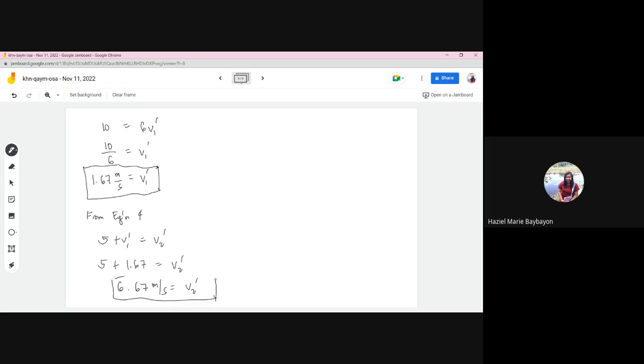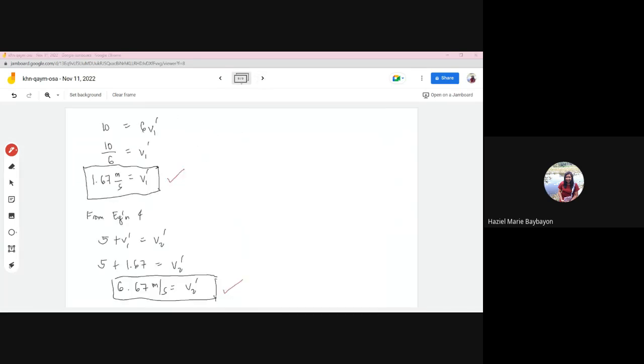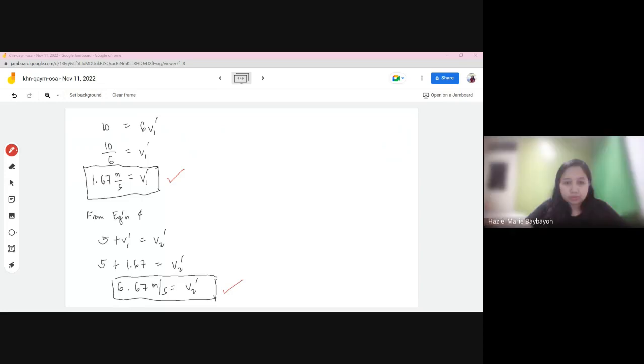Okay? So we have now obtained the final velocities of the two balls using the systems of equations. Do you have questions? The solution is a bit long for elastic collisions, class, because usually there are two velocities to find, the final velocities of the two balls.